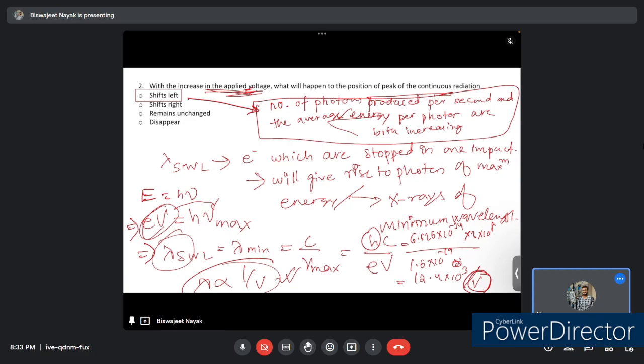So from here, another concept we get: the total X-ray energy emitted per second is proportional to the area under the curve, this continuous spectrum which we are getting, and it also depends on the atomic number of the target along with the tube current.